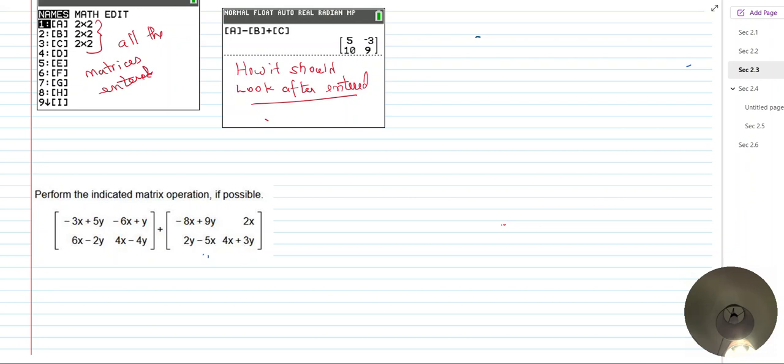All right, so this one cannot be done. It has to be done by hand because it's got variables. The elements have variables.